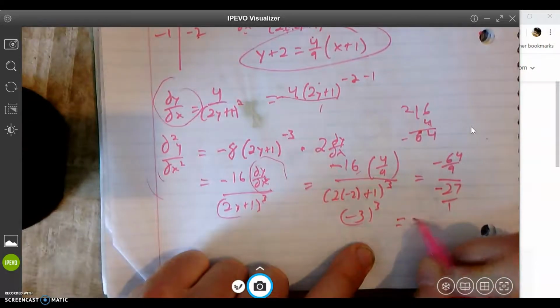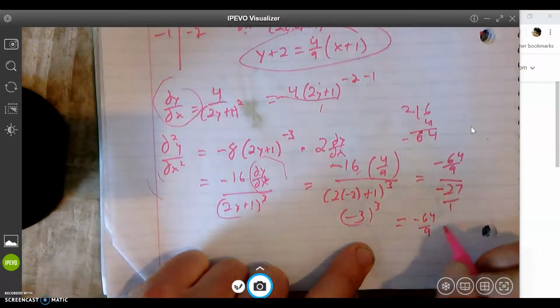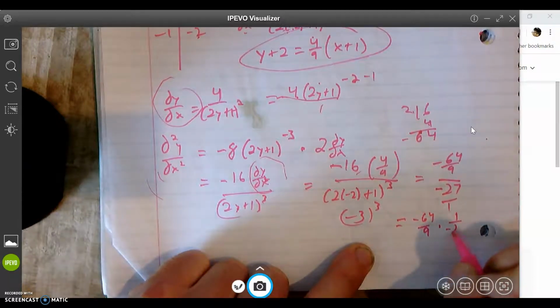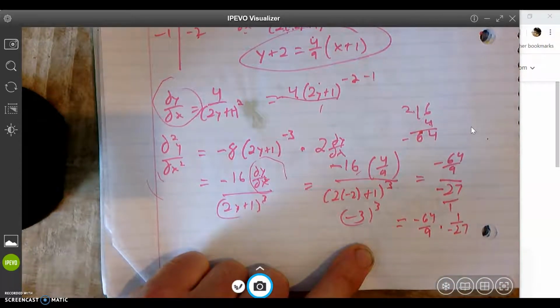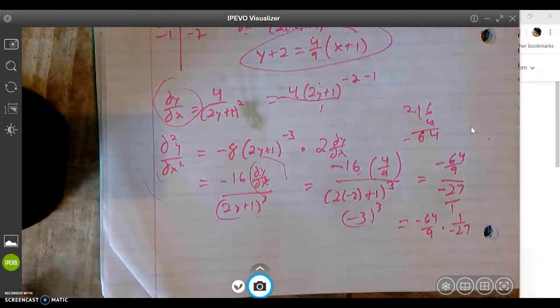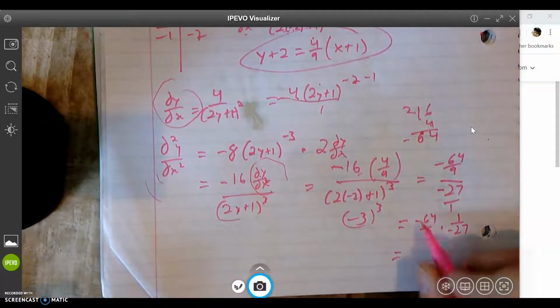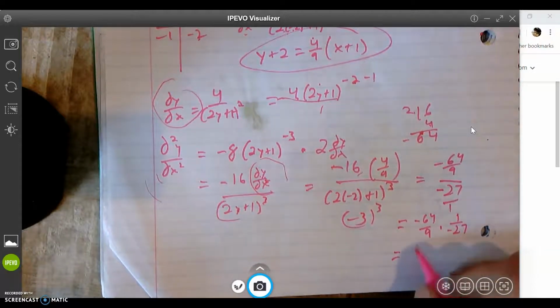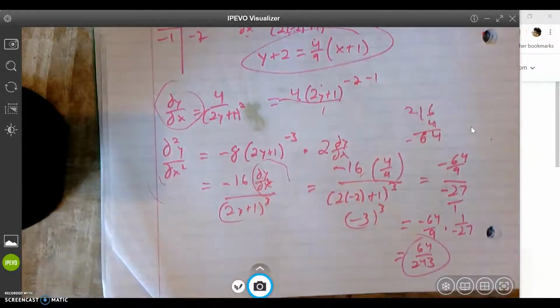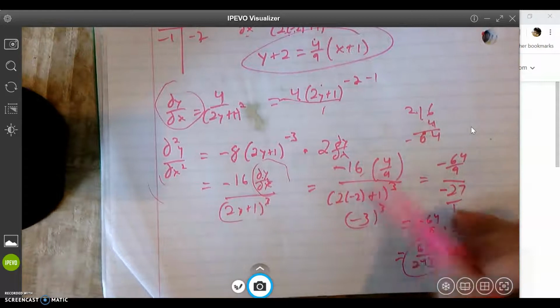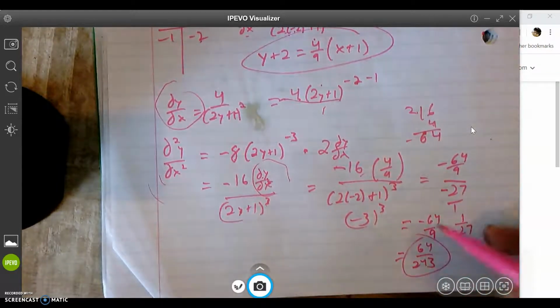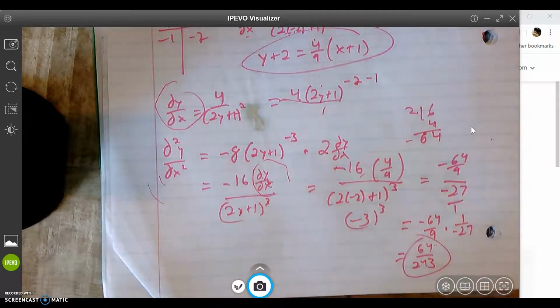That's negative 64 over 9 times the inverse, which is 1 over negative 27. 27 times 9 is 243. Negative divided by negative is positive, so it's positive 64 over 243. You could have left it like this if you wanted to, and that would be correct. But I think that's the final answer right there.